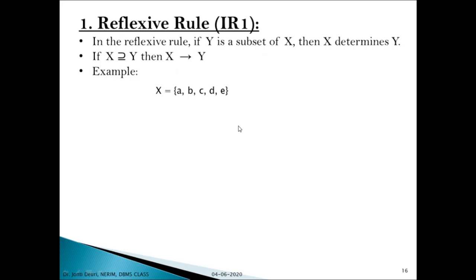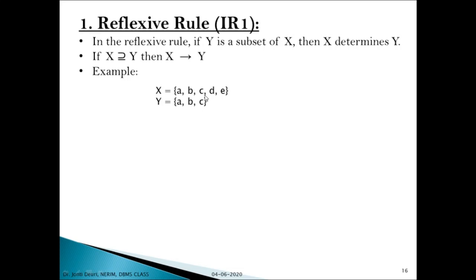One example we'll take. Here you see X has the attributes A, B, C, D, E, and Y has the attributes A, B, C. Now you can see Y is a subset of X, right? A, B, C is here also.